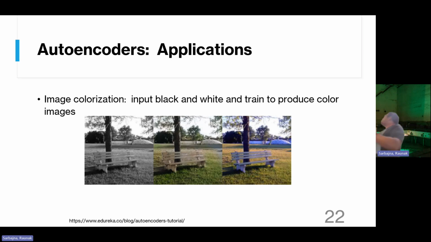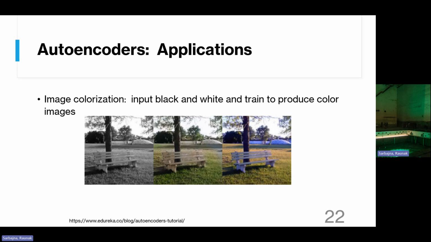Another good example of autoencoders, and something a lot of movies use for colorization of old black and white images into modern color images, is image colorization.